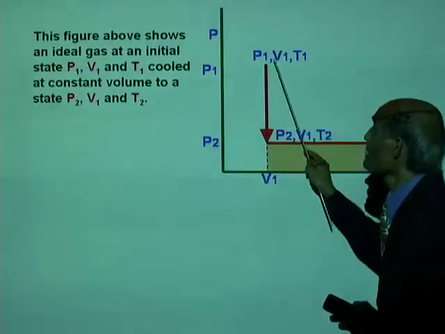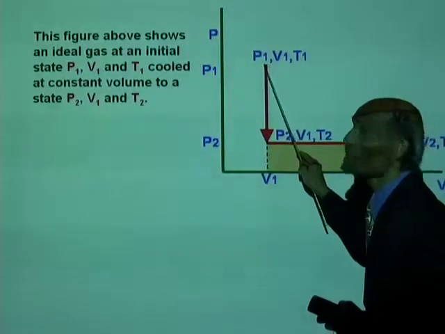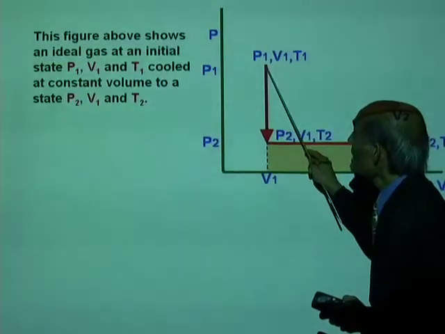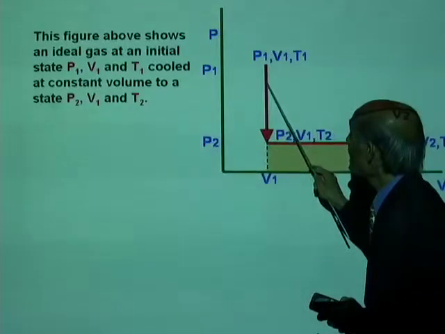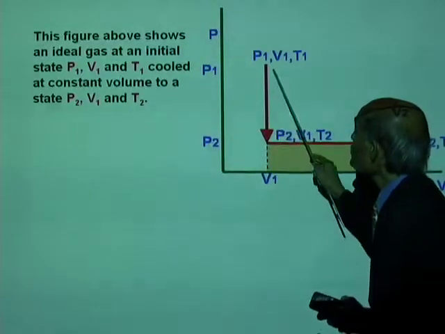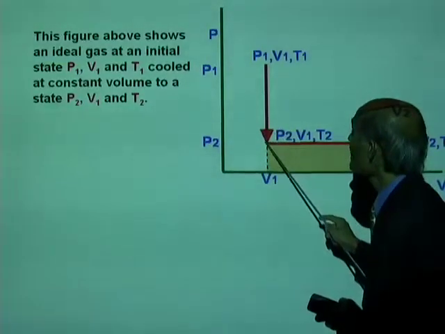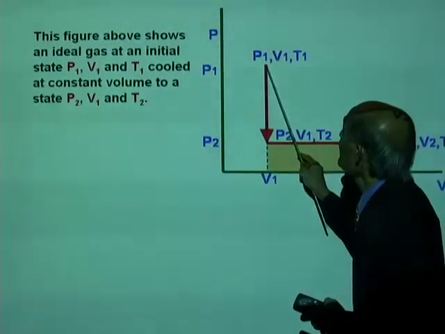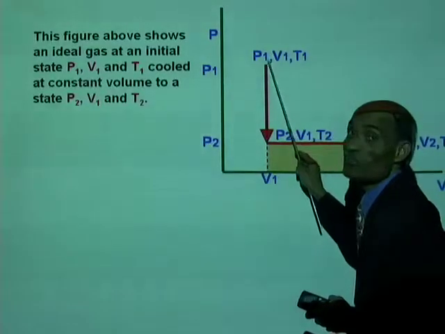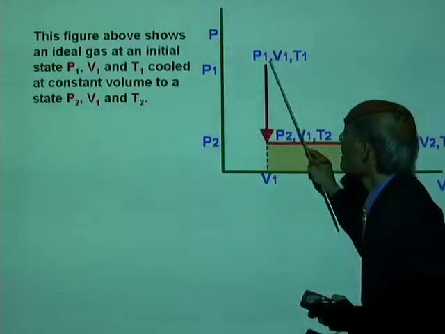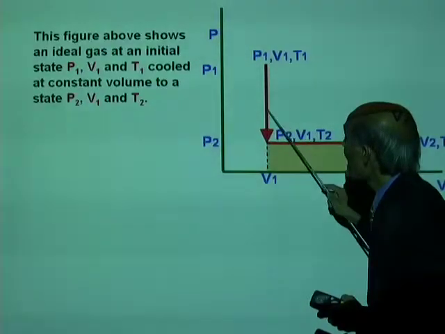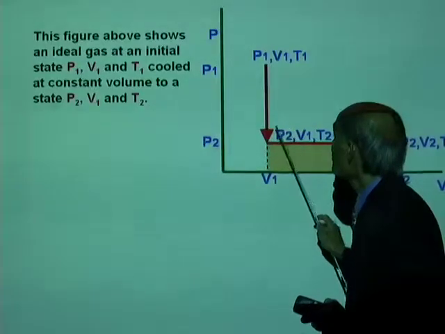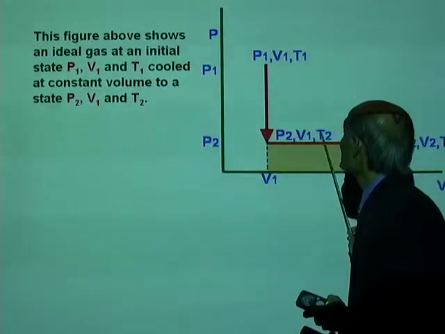Here is another situation. A gas is at an initial state P1, V1, T1. From this initial state, the gas is cooled at constant volume to P2, V1, T2.